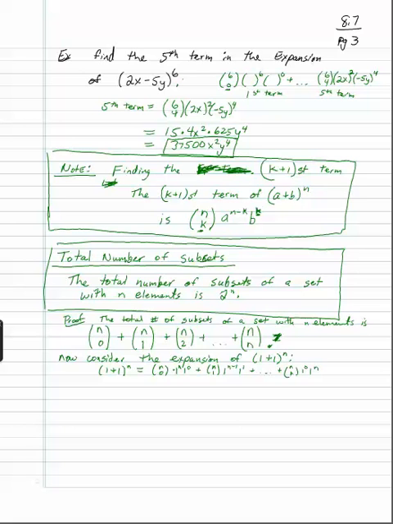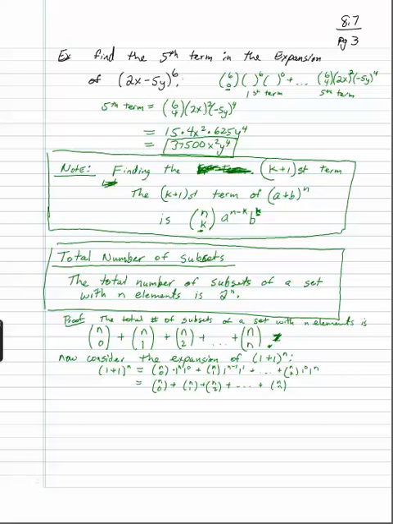Now 1 to any power is just 1, so basically that equals n choose 0 plus n choose 1 plus n choose 2 plus dot, dot, dot, plus n choose n, which is precisely the total number of subsets with n elements.